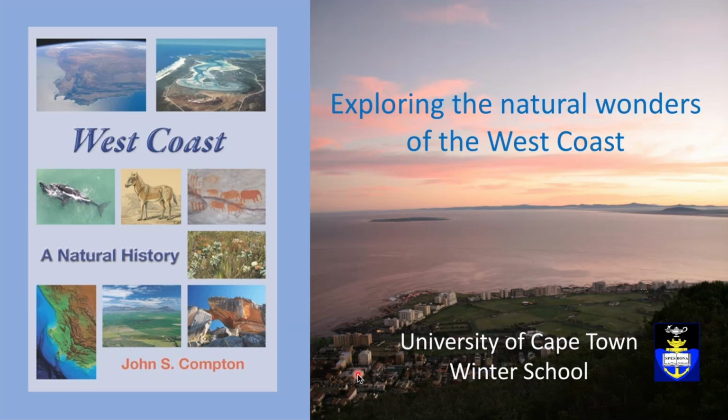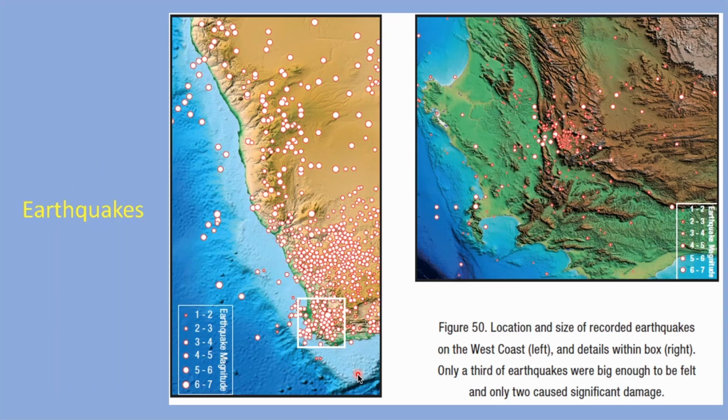I wanted to start by first answering the question that was asked yesterday about earthquakes. This is figure 50 from my book West Coast, A Natural History, and it shows each dot representing an earthquake epicenter.